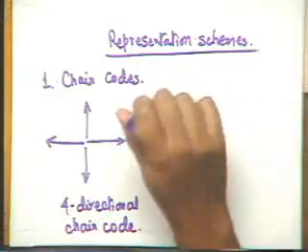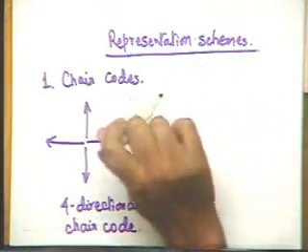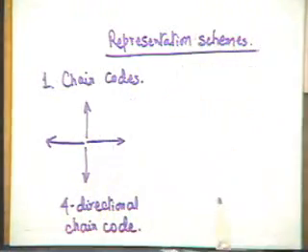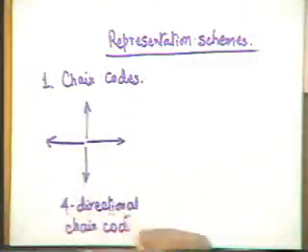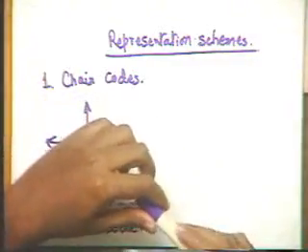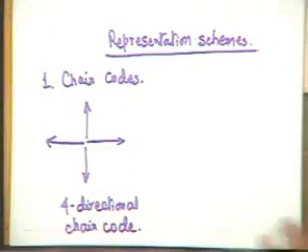Sometimes we may be traveling to the top, sometimes to the left, sometimes to the right, sometimes down, in any one of these 4 directions. Whenever we are traversing along a contour, the direction of travel is indicated by a particular number. So these 4 directions which we show over here are indicated by a particular number.